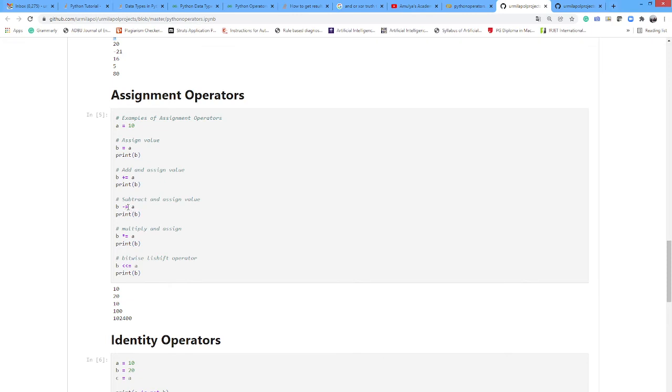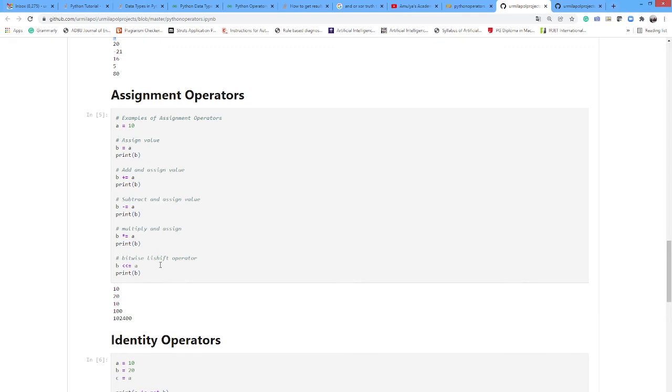Subtract and assign value. B is equal to B minus A. B is equal to 20. First it will take 20 and then B minus A. Print B, it will give 10 after subtracting 10 from 20. Multiply and assign. B is equal to B into A, 20 into 10. Here B is equal to 10 and A is equal to 10, therefore it gives 100.